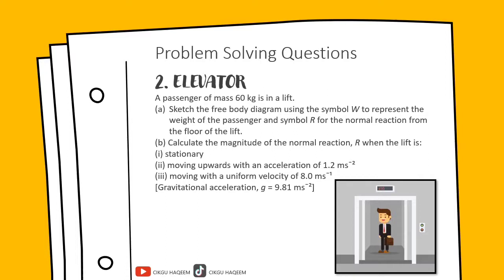The third one is moving with uniform velocity. When velocity is uniform, the acceleration is 0, and the resultant force will be 0 because the two forces are balanced.